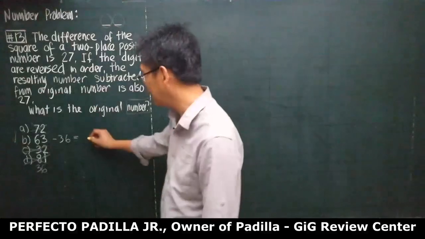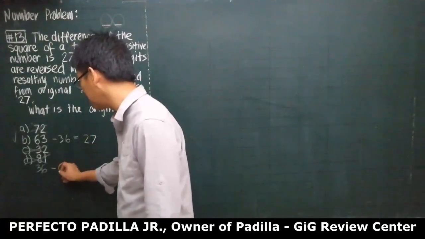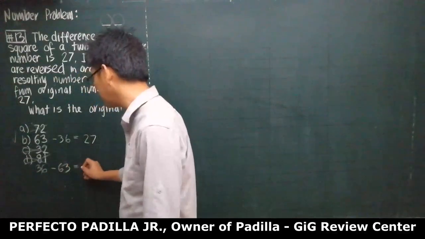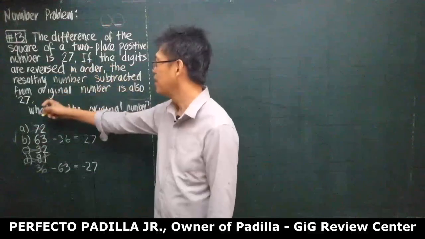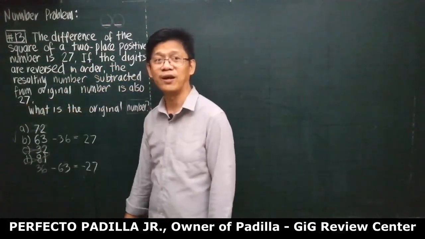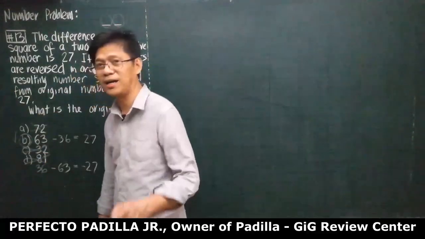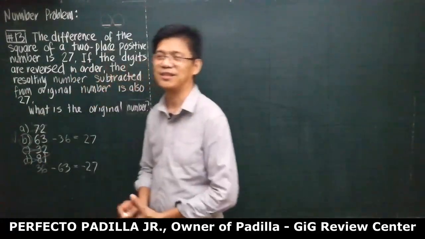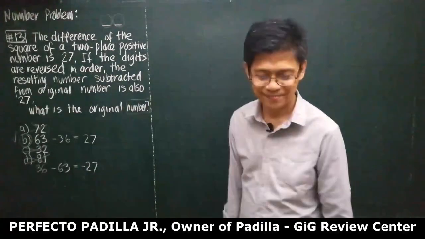That is 27. Pero 36 minus 63 is not 27. It's negative 27. It doesn't satisfy the second condition. You follow? So, therefore, B pa rin ang sagot by substitution. Naintindihan? Klaro? Okay. Sige, kopya.